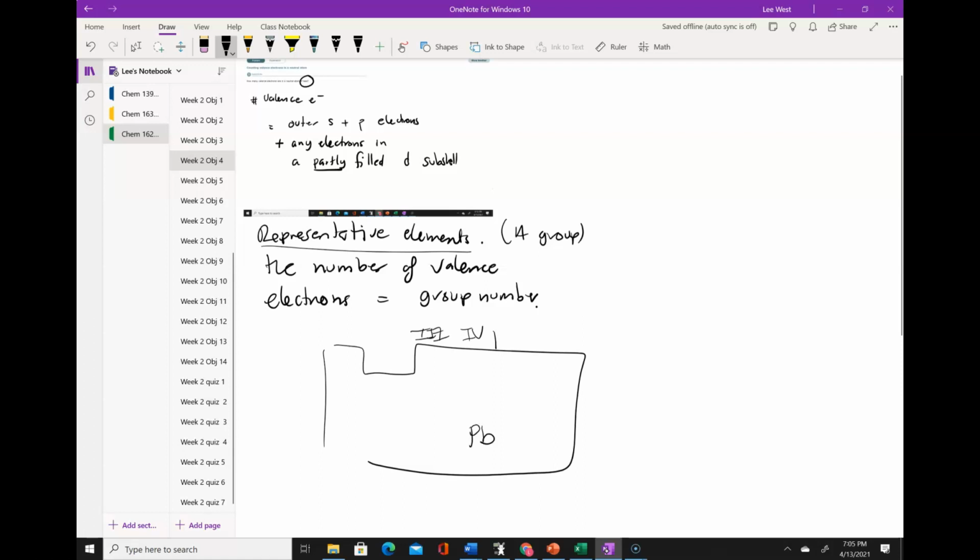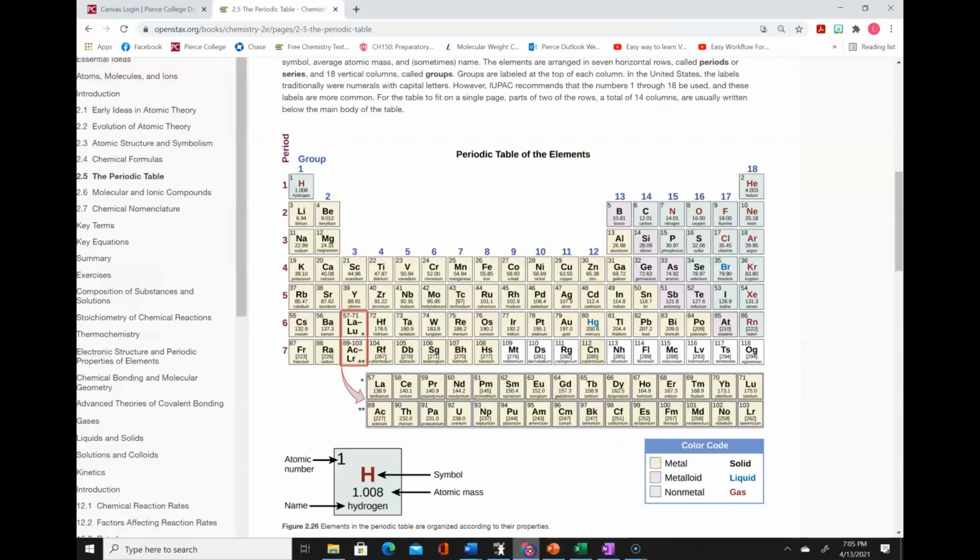Lead is there, so lead is in 4A. What that means is that lead has 4 valence electrons. Now what period is lead in? If we look at our periodic table, period 1, 2, 3, 4, 5, 6. It's in period 6. So let's go through the electron configuration for lead.